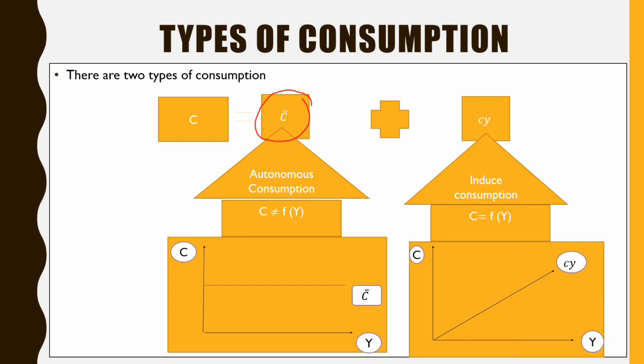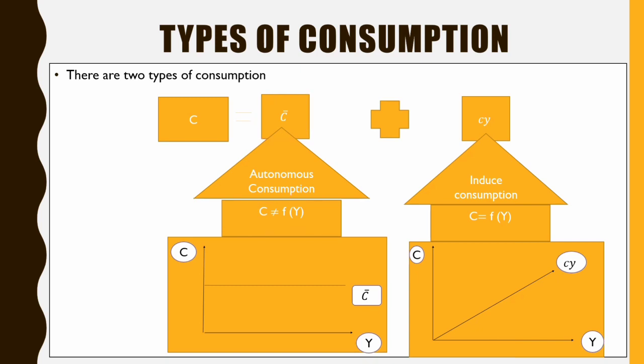or that does not vary with the level of income. So we can say that here consumption is not a function of income. Whether the disposable personal income is zero, increases or decreases, consumption would remain the same or constant. That type of consumption is autonomous consumption, as we can see in the diagram.